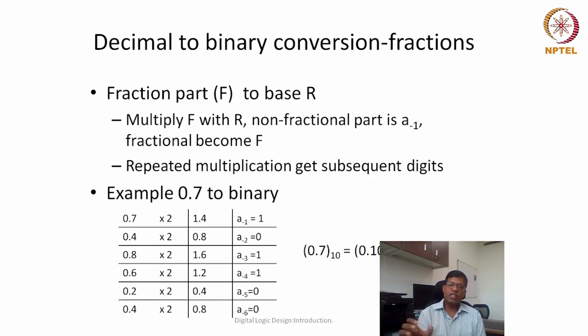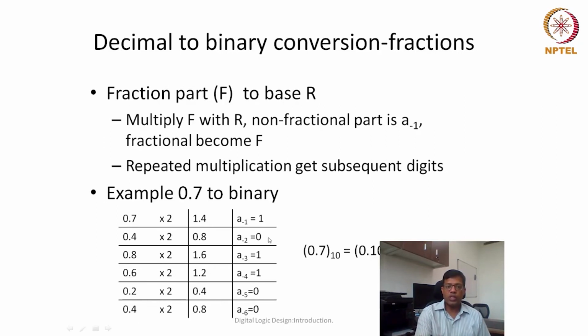That means these bits in binary do not end, because in the multiplication we have not received 0, so there is some part which keeps on repeating. We can observe that repeating part here. You see this pattern 0.4, 0.8, 0.6, 0.2, and because we have received 0.4 again, this pattern is going to continue.